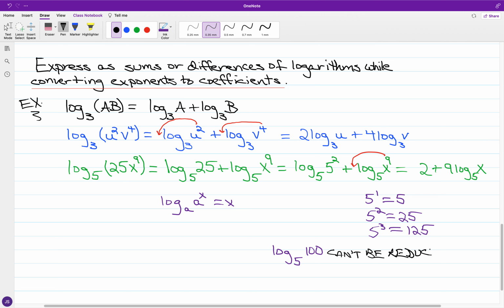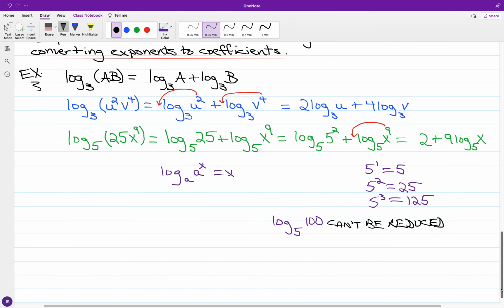And if I did the change of base formula, 5 squared is 25, 5 cubed is 125, and 100 is a number between 25 and 125, so the reduction would be somewhere between 2 and 3, but it would not be an exact number.